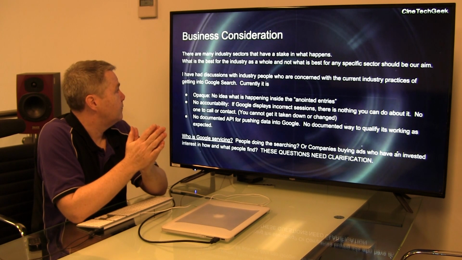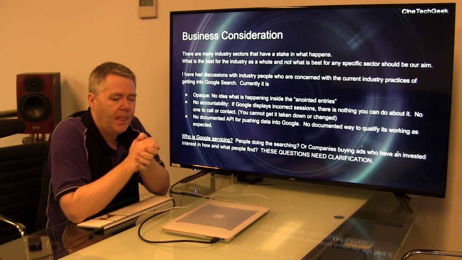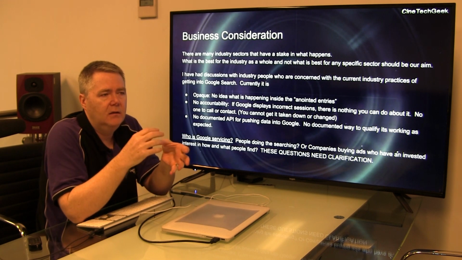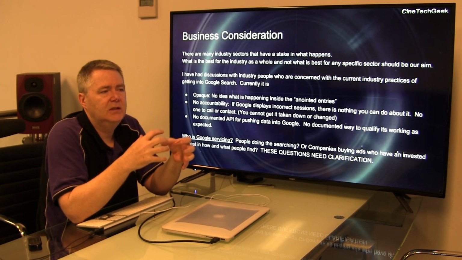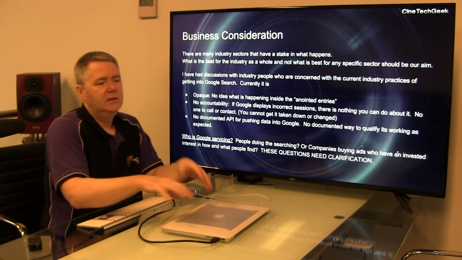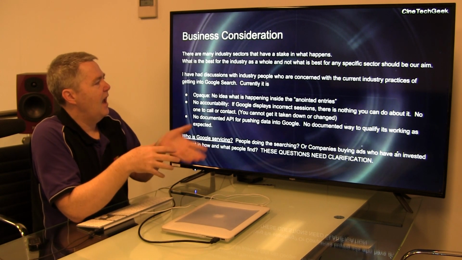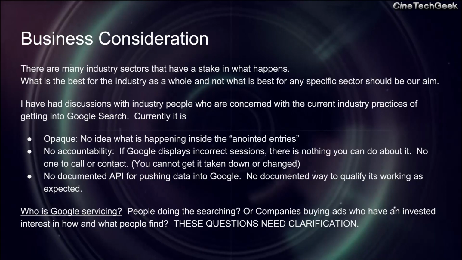Business considerations. I wanted to talk about what's currently done and the business considerations, so what Google want to do and what's currently happening with these anointed companies. There are many industry sectors that have a stake in what happens here. If someone controls how people find session times and movies they want to see, that's a powerful position to be in.